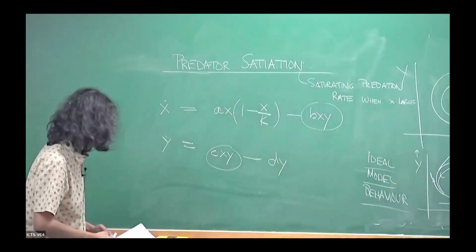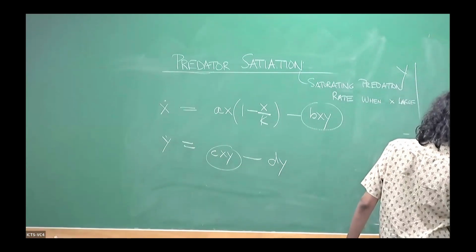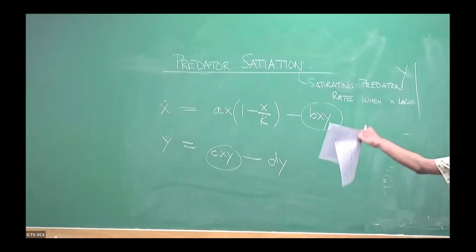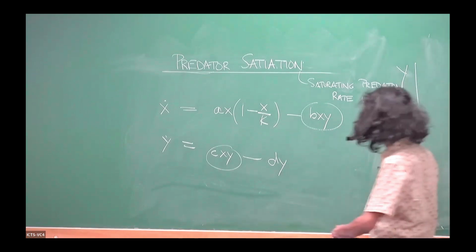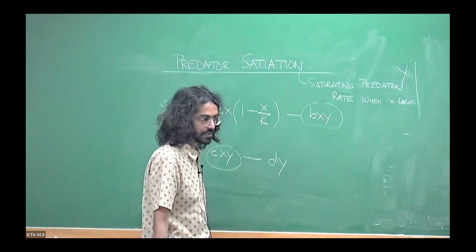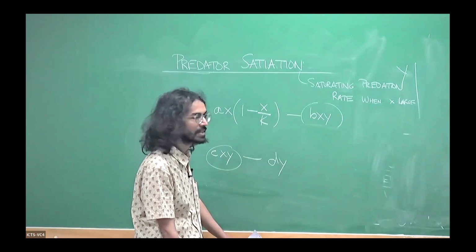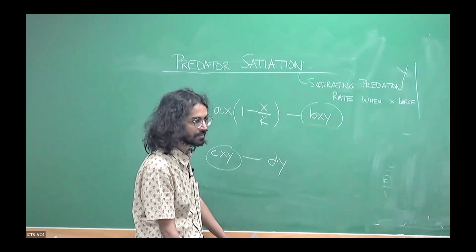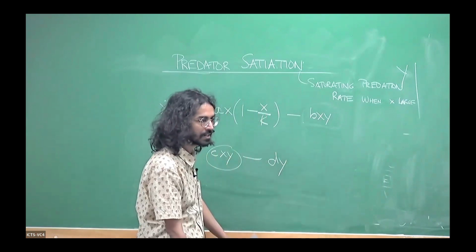So how do we do that? You want to make this bxy term into a saturating term with X. Someone know the simplest mathematical way to make that happen? 1 minus r over x. I see, so you're saying that you want to make this also logistic type. There could be some problem with that, right?